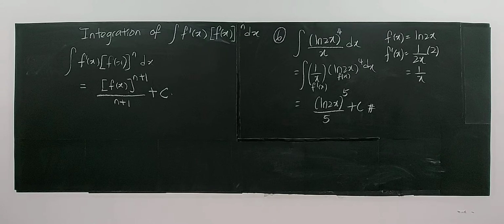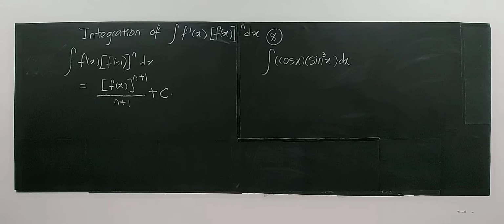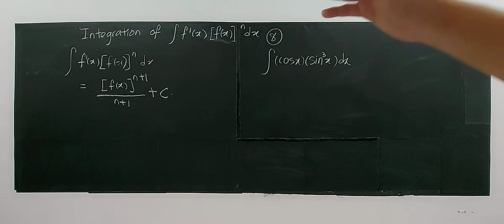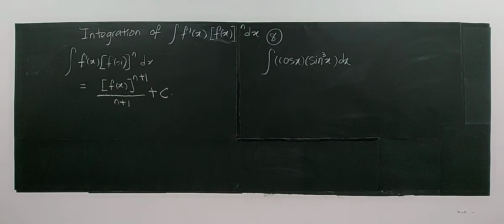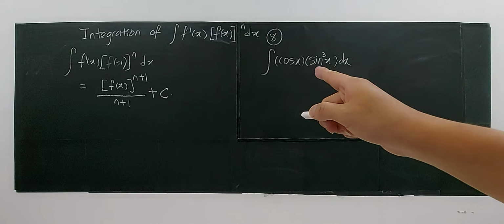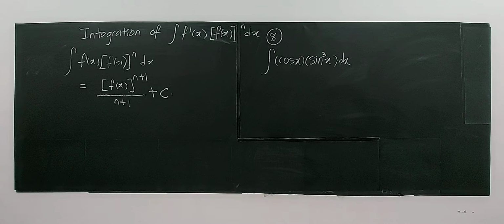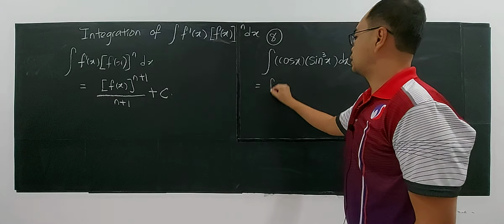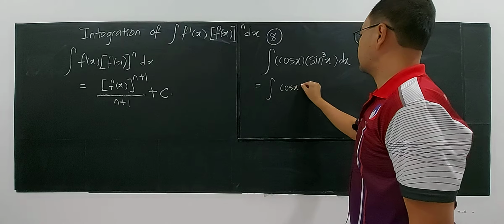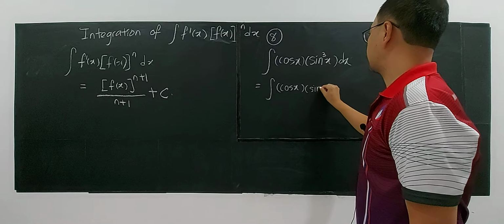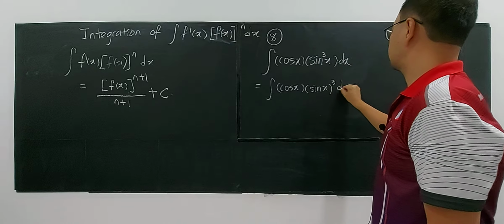Alright, let's go for two more examples. This is also another type of integrand that applies this formula, because you can see the sine. I can rewrite this as the integration of cos x with sine x to the power of 3.